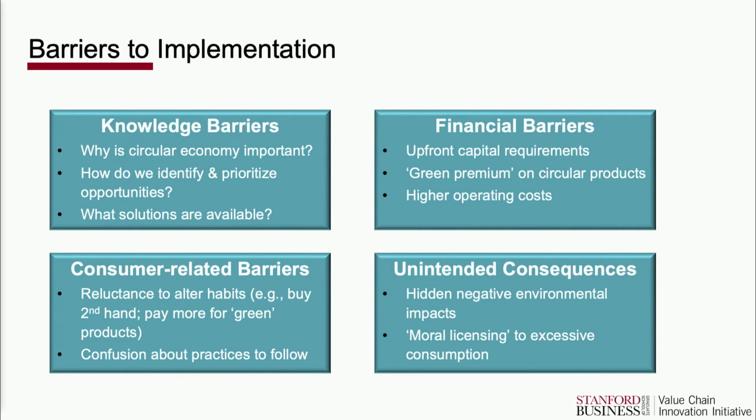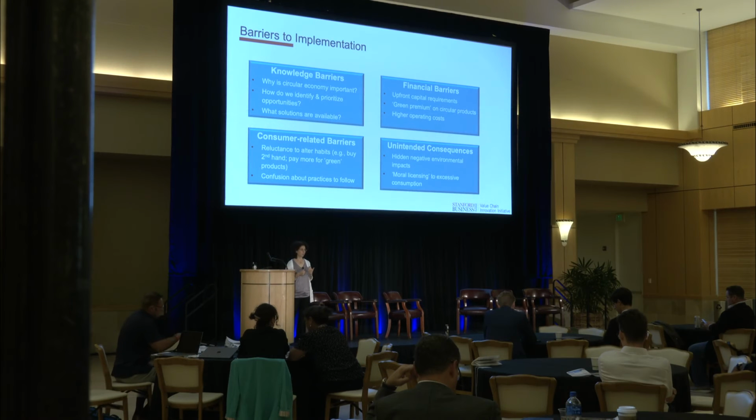There can also be financial barriers. For one, some of those initiatives may require an upfront capital investment, which can be significant at times. In addition, making products that were designed with circularity in mind may be more expensive. There can also be consumer-related barriers. Some of those initiatives require the collaboration of consumers.